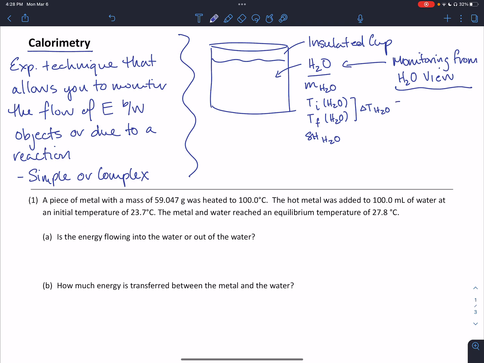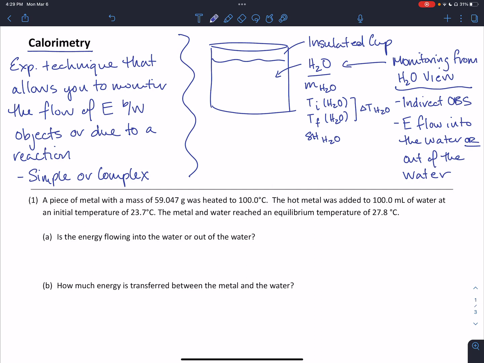So this is an indirect observation. The energy that we're monitoring will either flow into the water or out of the water, and the direction of flow that we see based on that change in temperature is going to tell us what the reaction or the object is doing.